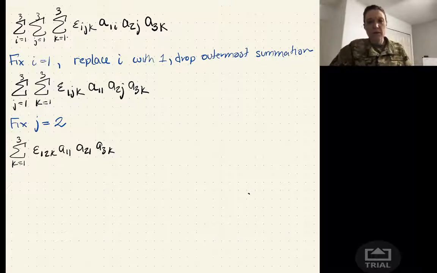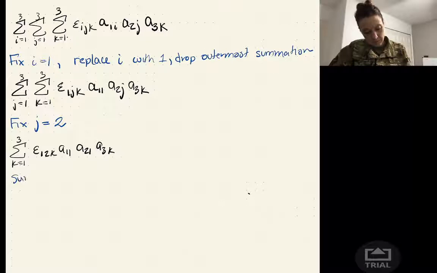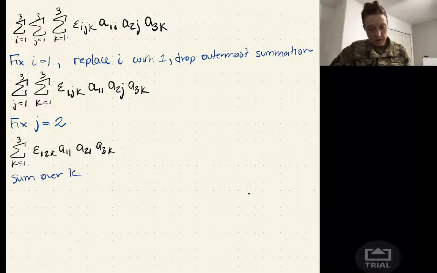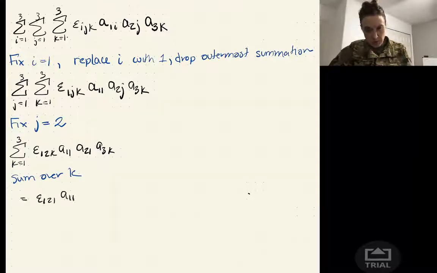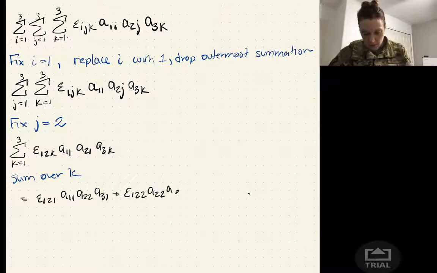All right. So now we can sum over k again. And what we end up with is epsilon 121, a11, a22, a31, plus epsilon 122, a11, a22, a32, plus epsilon 123, a11, a22, a33.